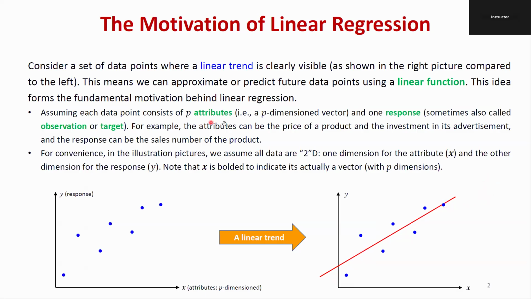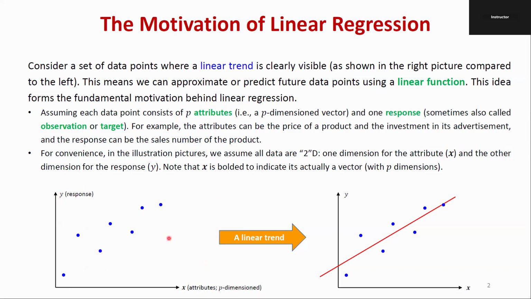One thing I do want to mention here is that I write y as the response and x as the attributes, not attribute, it's attributes, t dimensional. Due to the limit of our plotting, we can only plot 1D, 2D, or 3D things.